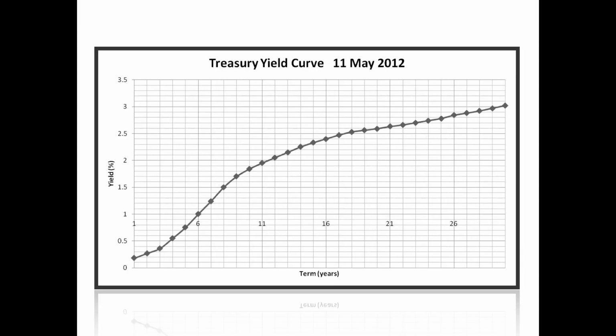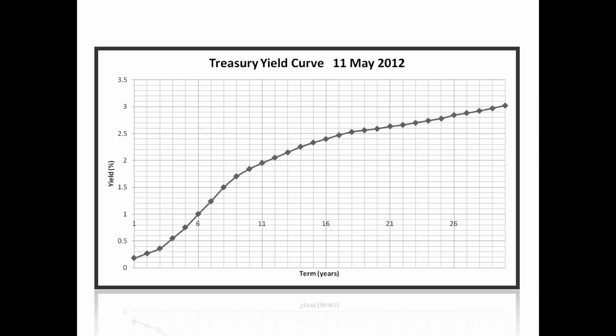Okay, so let's look at where we're at right now, 11 May 2012, and this is a U.S. Treasury yield curve. As we look at this yield curve, we can see in the short term, look at how low those interest rates are. The reason that those interest rates are so low in the short term is because the federal government is trying to spark the economy, get people to get out and spend, because there's still a lot of fallout from the 2008 crash.